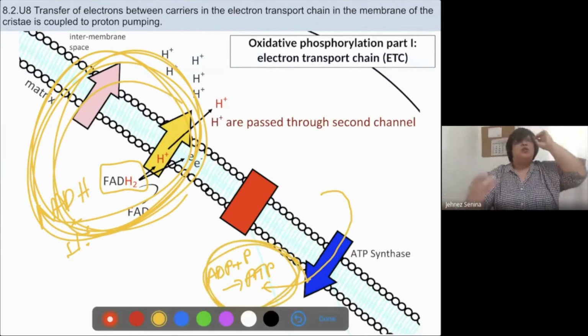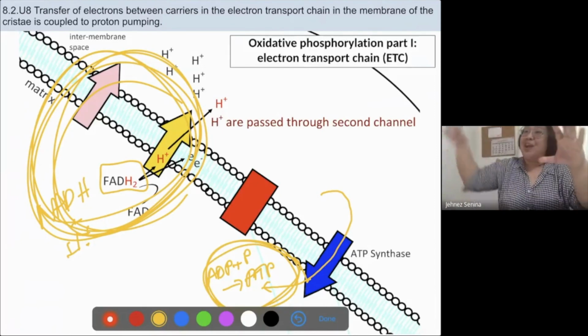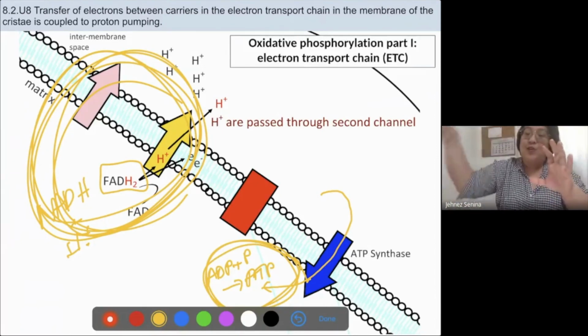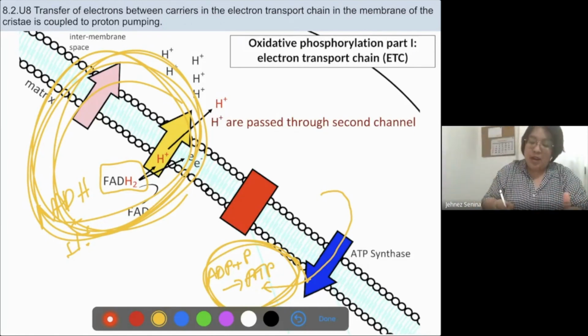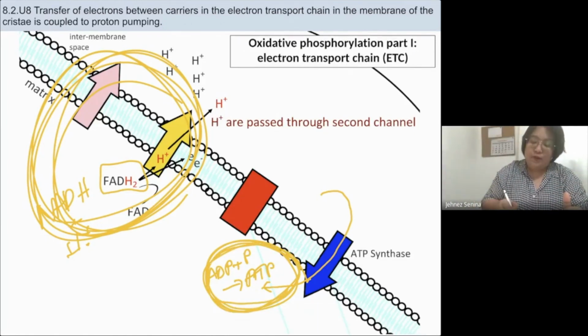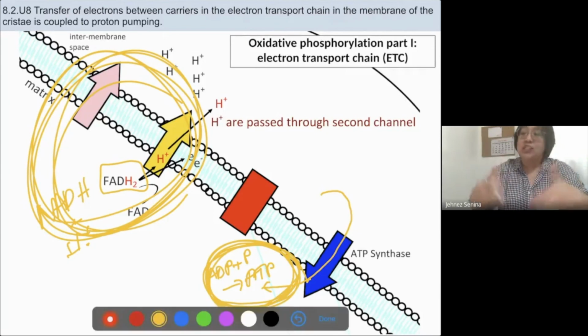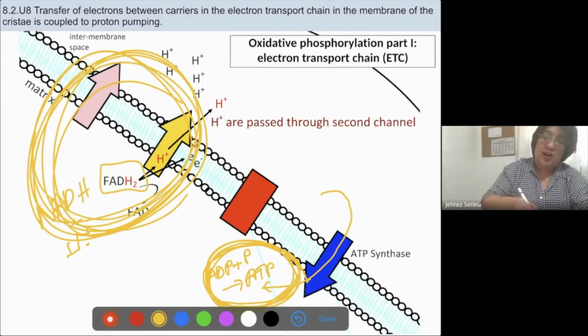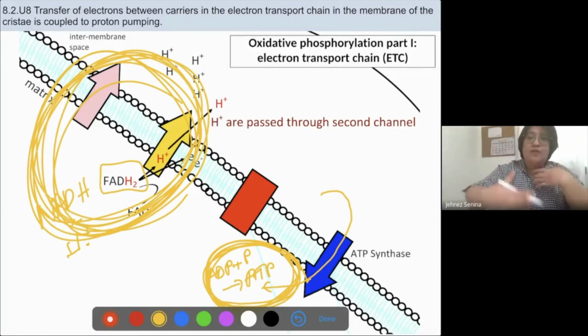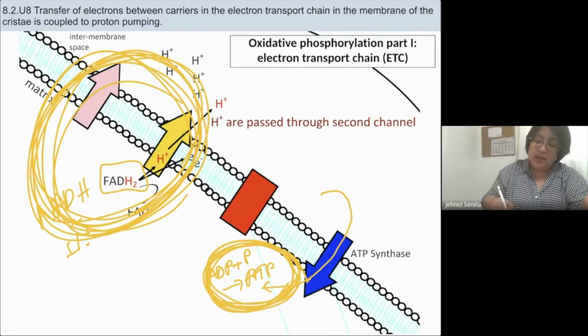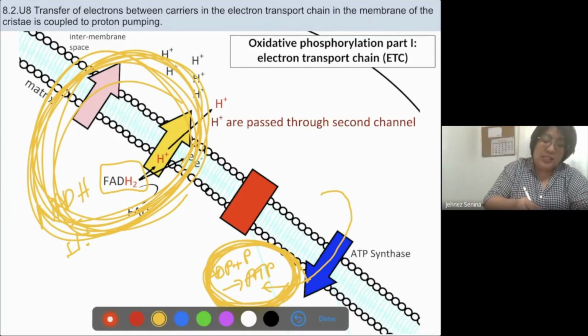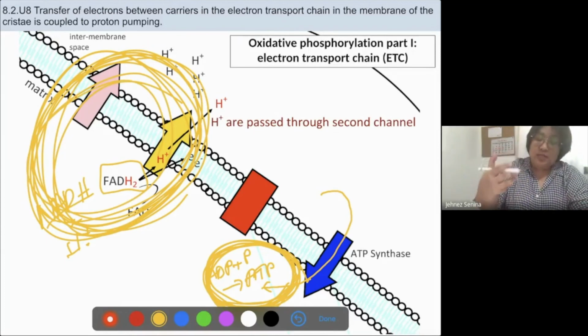Remember earlier I told you substrate level phosphorylation is where you directly put phosphate in a molecule. This one is indirect. We were able to add phosphate to ADP as a result of oxidations here. So it's called oxidative phosphorylation. We're able to form ATP because of oxidation of NADH plus H plus.